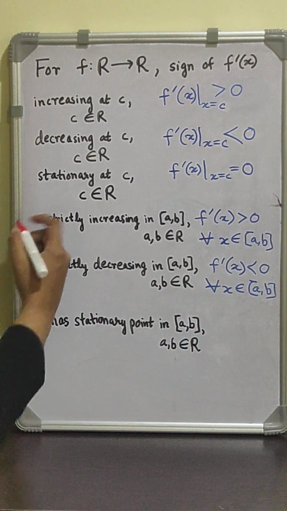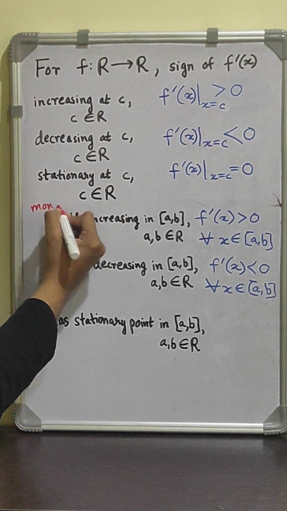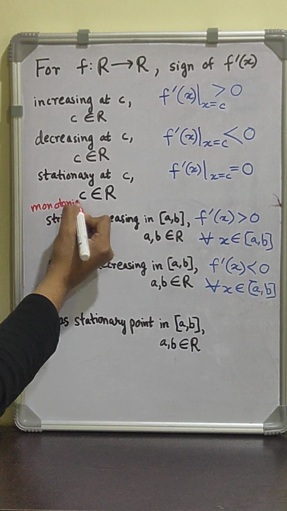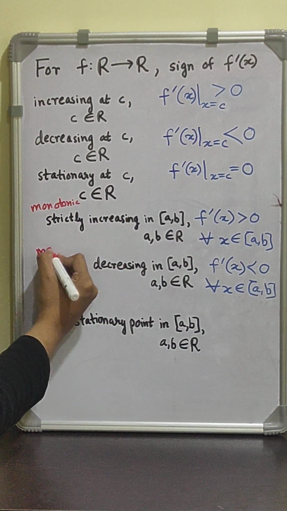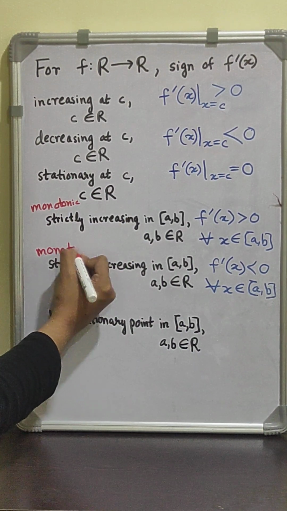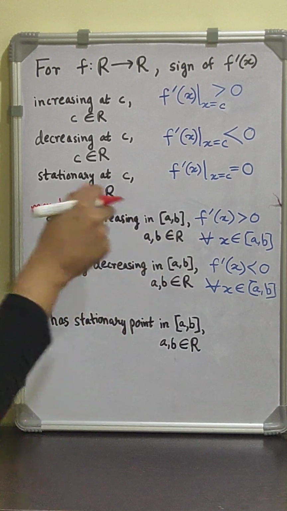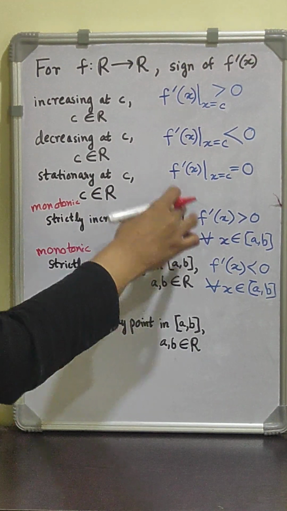There's another name for it: this is called a monotonic function. It's called monotonically increasing, and this is also a monotonic function, but it is monotonically decreasing in this interval.